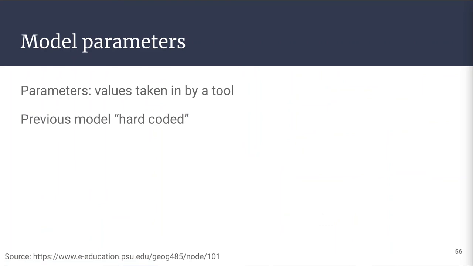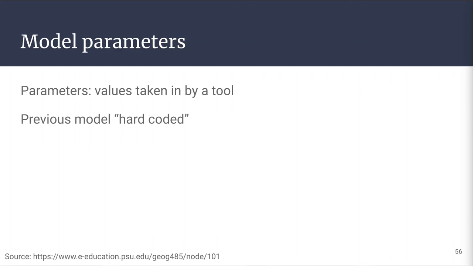If you recall, when we generally run tools in ArcGIS, all those different numbers and selections that you fill out when you're running a tool, those are parameters. Within a ModelBuilder model, you can actually set which of your inputs, which of those input variables, are parameters.